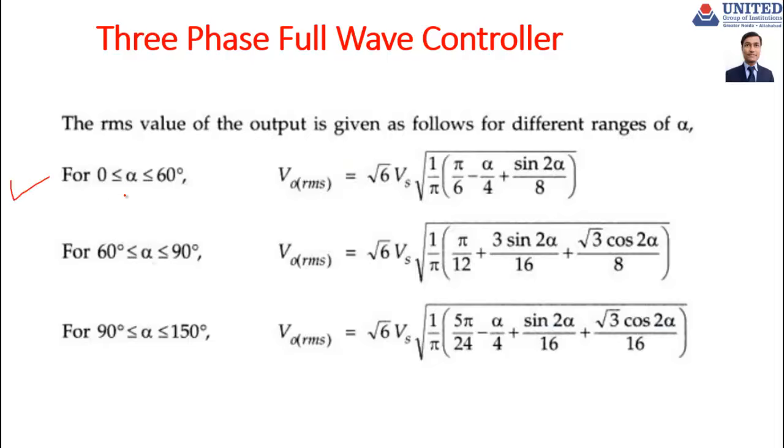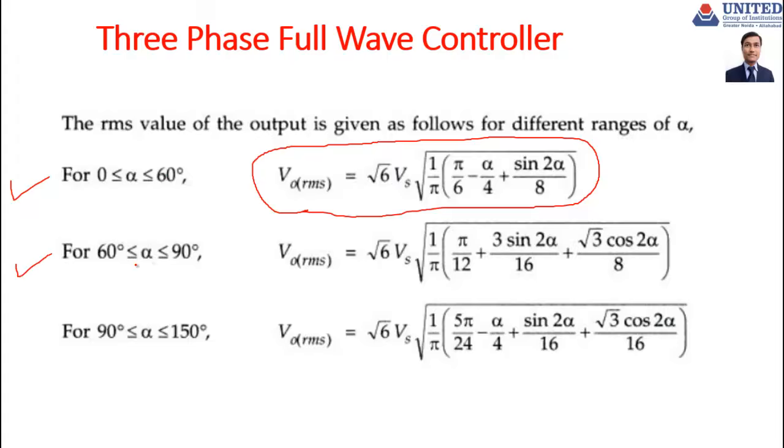First is when alpha is between 0 to 60 degrees, or equal to 60 degrees. Then we get the RMS voltage equal to root 6 Vs times the square root of 1 upon pi times the bracket of pi by 6 minus alpha by 4 plus sine 2 alpha by 8, from the waveform.